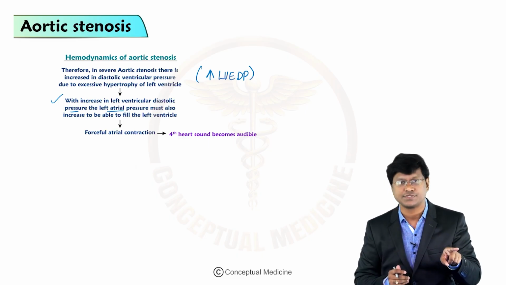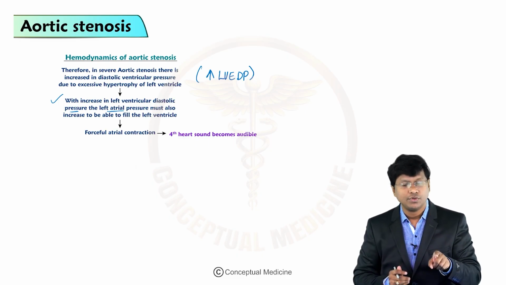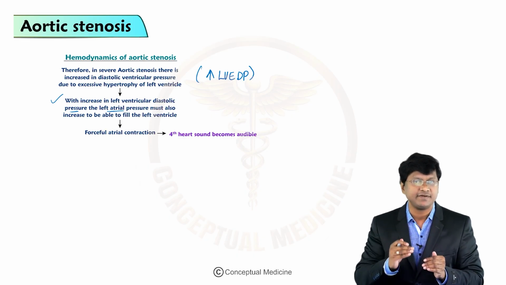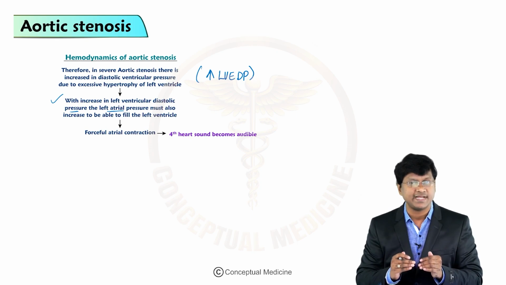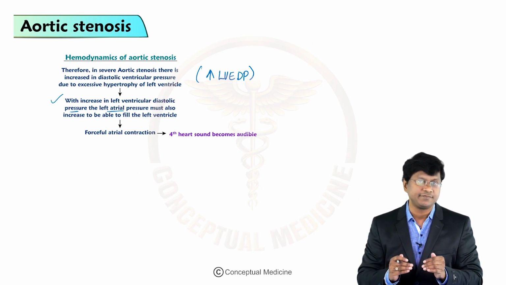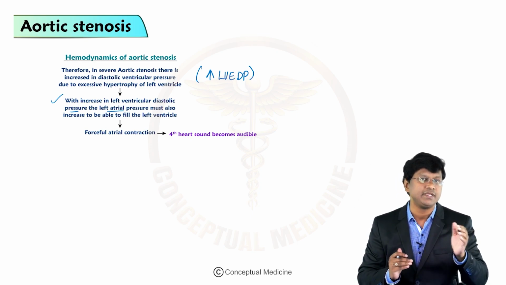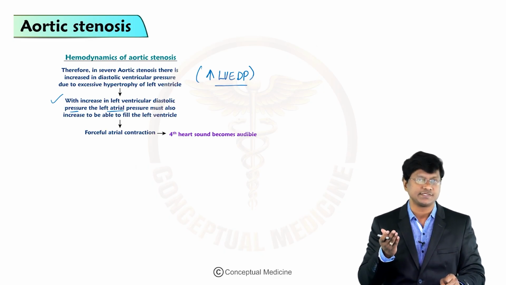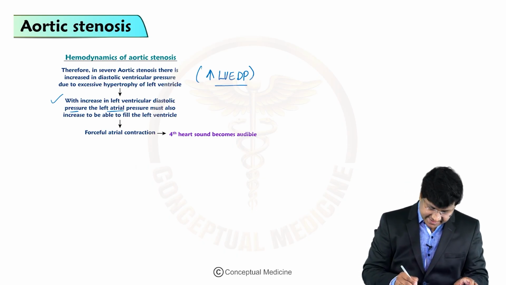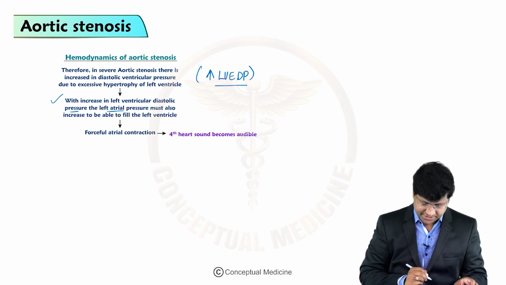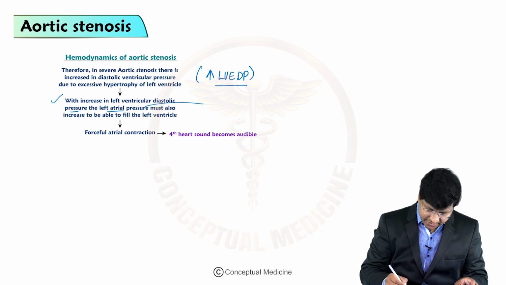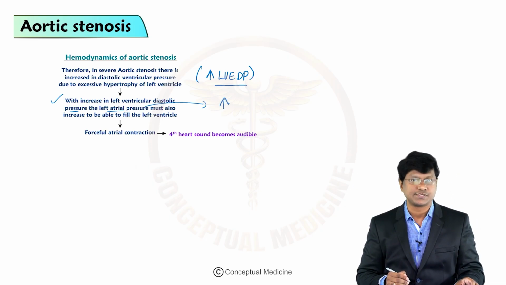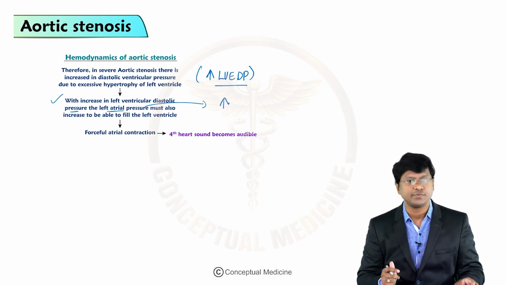So at the end of diastole in the left ventricle, you have the blood which is coming from the left atrium as well as the remaining blood within the left ventricle because of inadequate emptying into the aorta. So thereby what will happen to your left ventricular end diastolic pressure? Increases. So when there is increase in left ventricular diastolic pressure, subsequently what will happen to your left atrial pressure? Even the left atrial pressure will also increase, right?